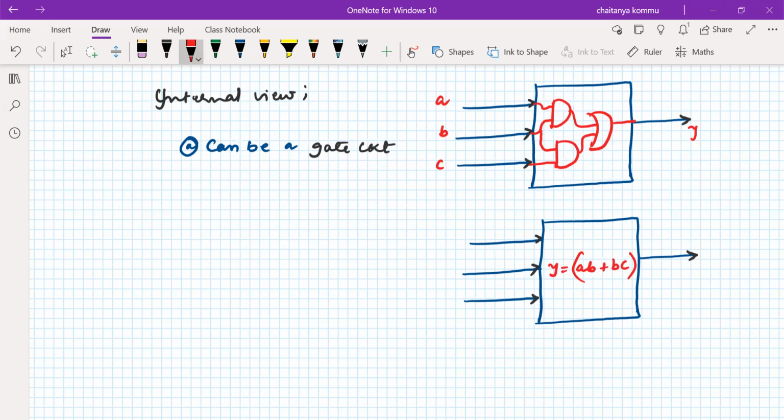Both the gate circuit and this one are the same. So it can be an equation.